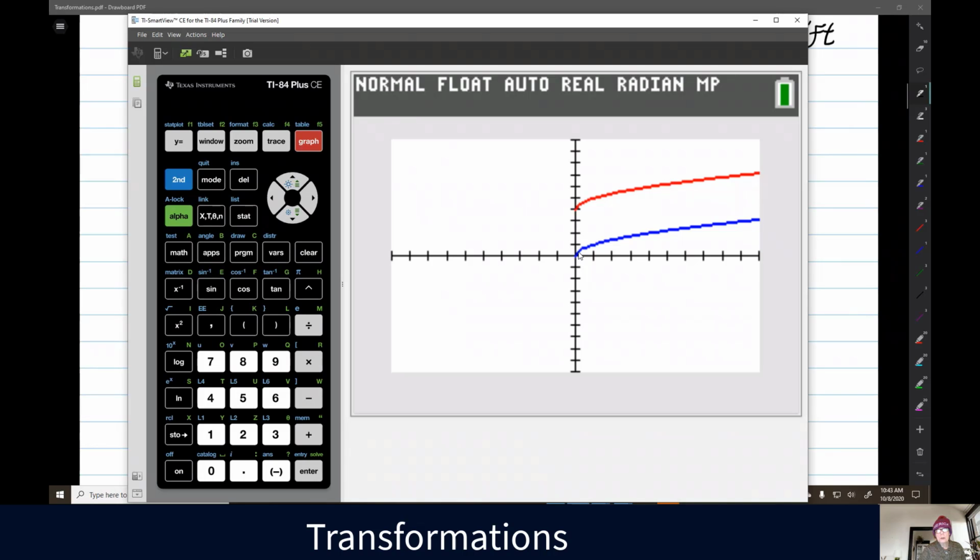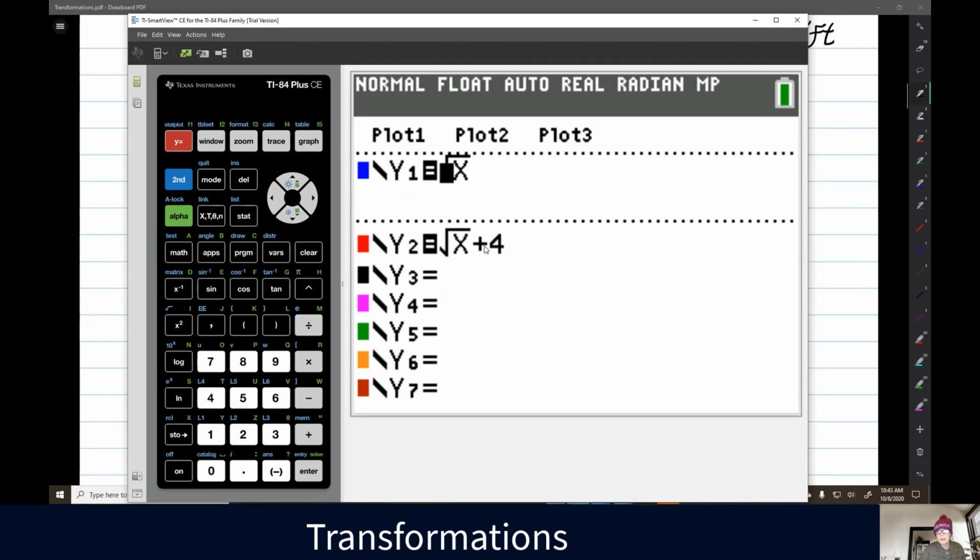Now if I want to move the blue line down 4 units, all I do is change the plus to a minus and it will go directly down. The important thing is make sure your +4 or your -4 is not inside the square root, it's outside the square root on the far right.